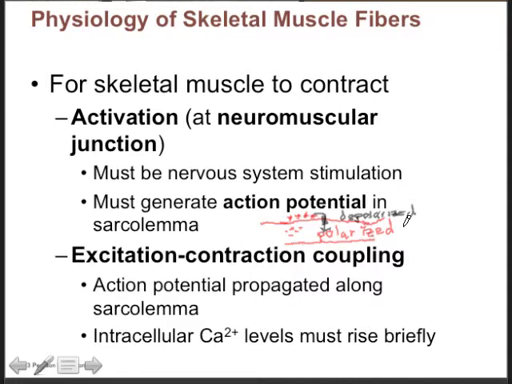Now, what happens next is that eventually the voltage is going to change to the point in that region of the membrane that those sodium channels that were initially open will shut, and then potassium channels will open up, and then potassium will rush out, and we'll indicate that in blue. Okay, so let's do that in blue. When the potassium starts to rush out, the membrane will go from a depolarized state back to a polarized state, and even to a hyperpolarized state.